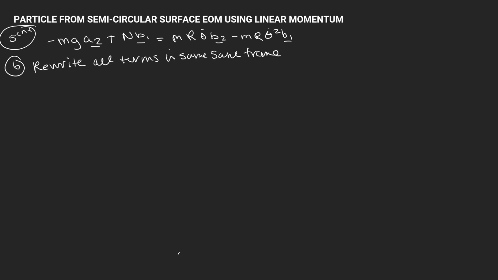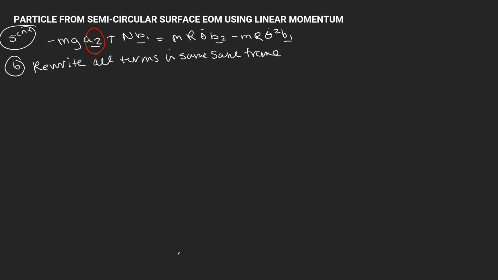It doesn't matter which unit vectors you choose. You could change B1, B2 into terms of A1 and A2, or you could take that A2 term and write that in terms of B1 and B2. We're going to do the latter just because it's the simplest, there's just the least amount of A terms.